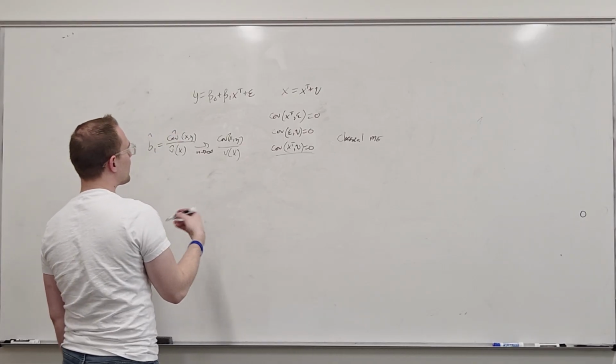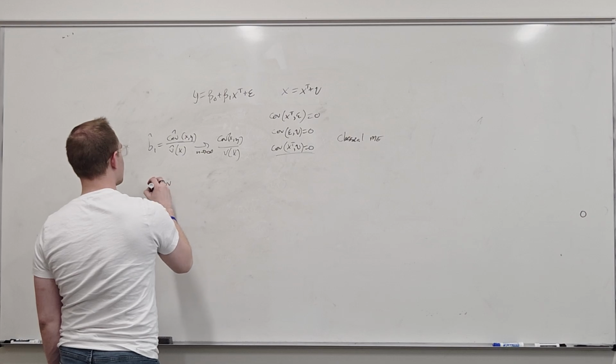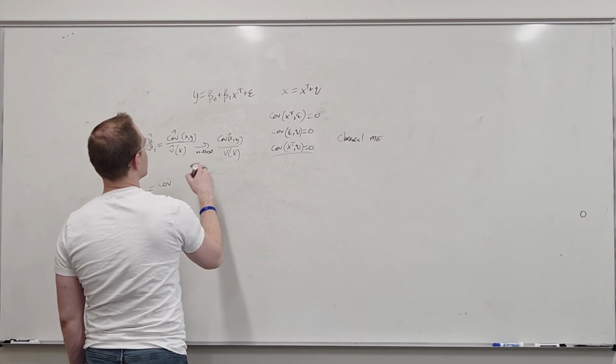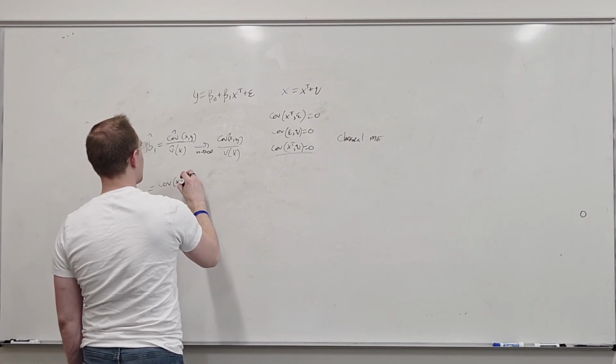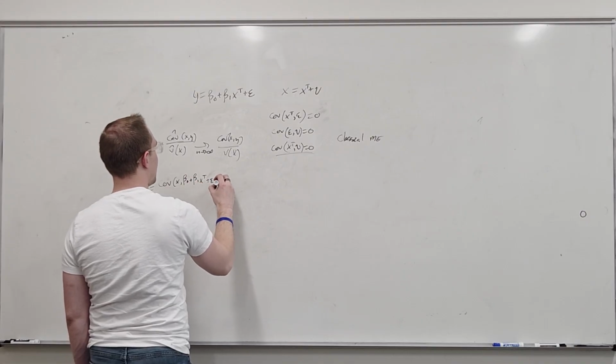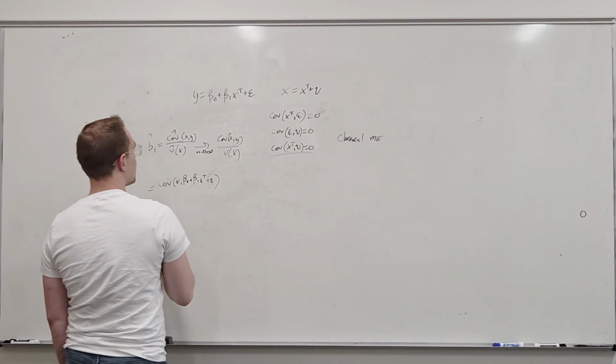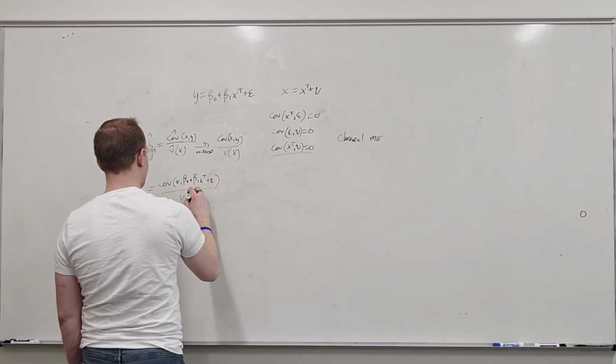I'll do y first. So this is going to be the covariance of x and beta naught plus beta 1 x true plus epsilon, over the variance of x.